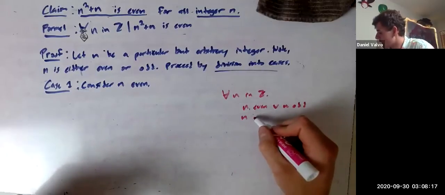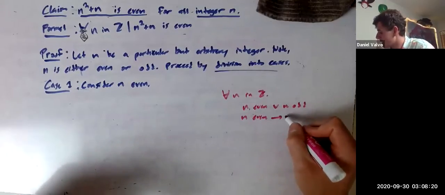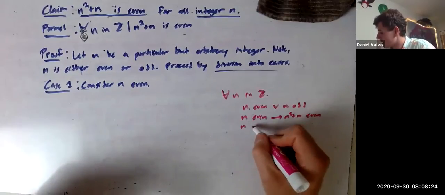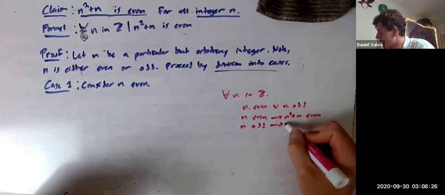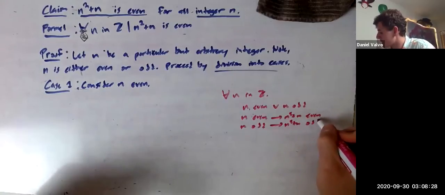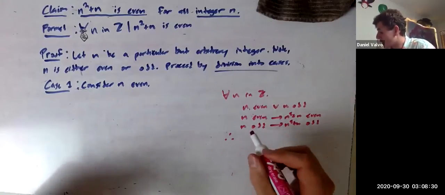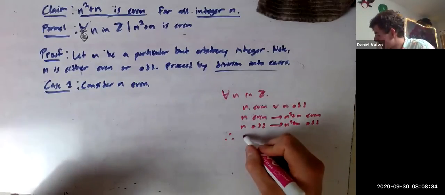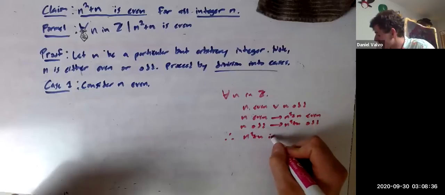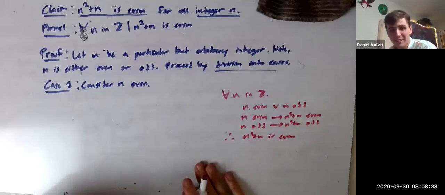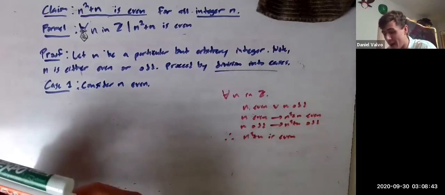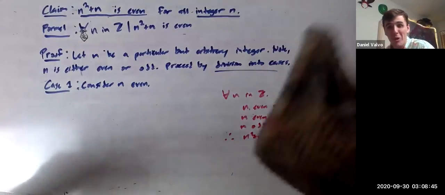And then if we can show that n even implies n squared plus n even, and if we can show n odd implies n squared plus n even, we can conclude by division into cases that n squared plus n is even. So that's what we're doing under the hood. So it all comes back. It's all there. I swear to you, it's all there.